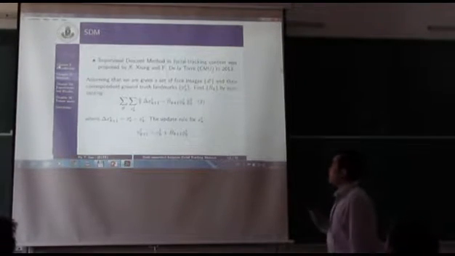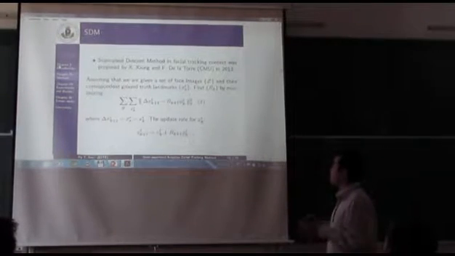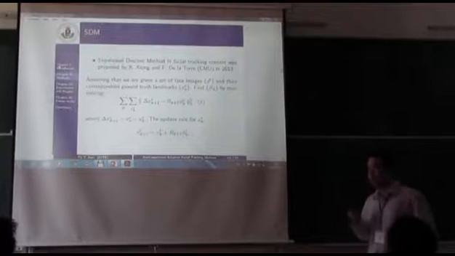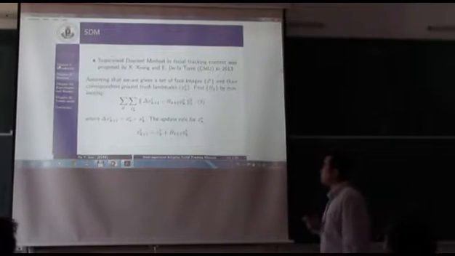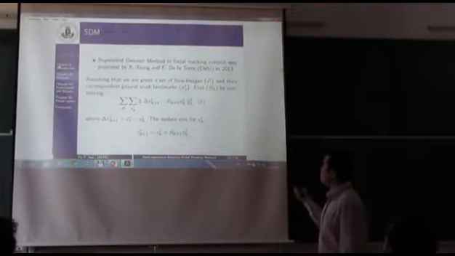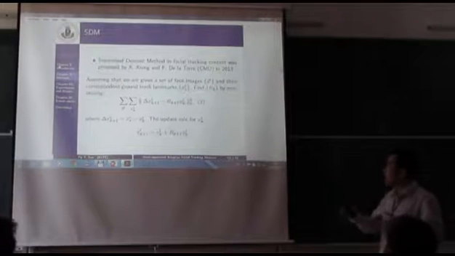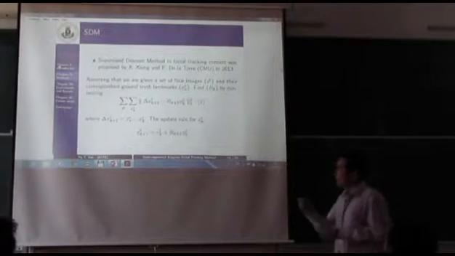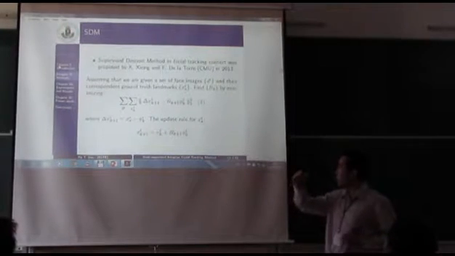SDM, supervised descent method, in facial tracking was first proposed by Xiong and De la Torre from CMU in the 2013 CVPR paper. We are given the facial images, the ground truth landmark X star, and delta X is the distance from the starting landmark to the ground truth landmark.